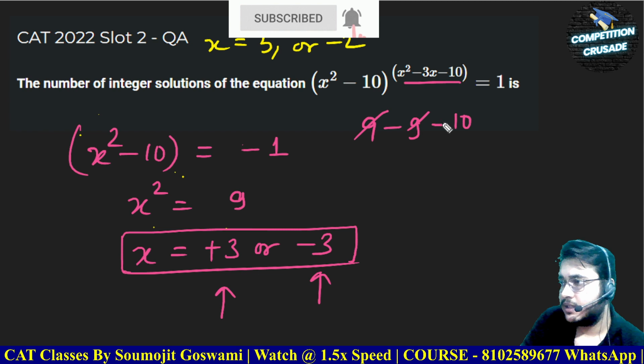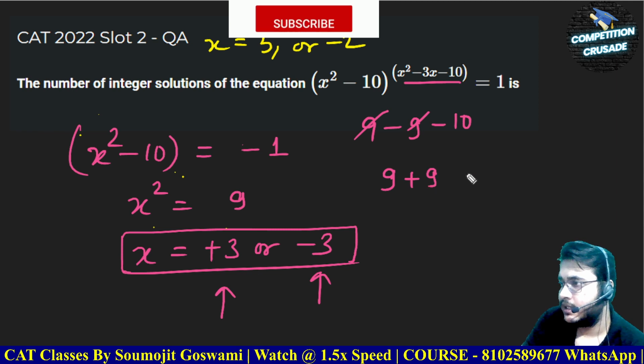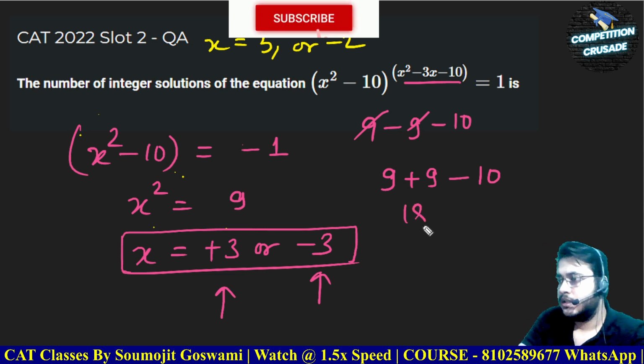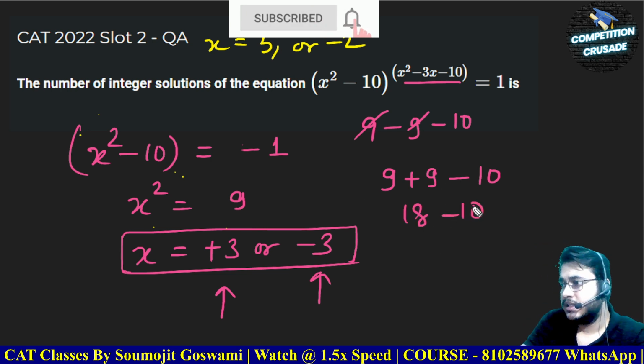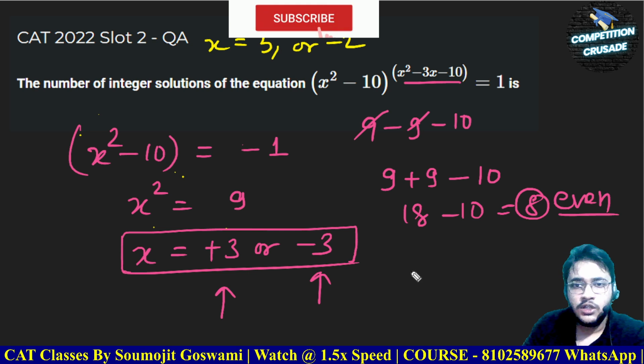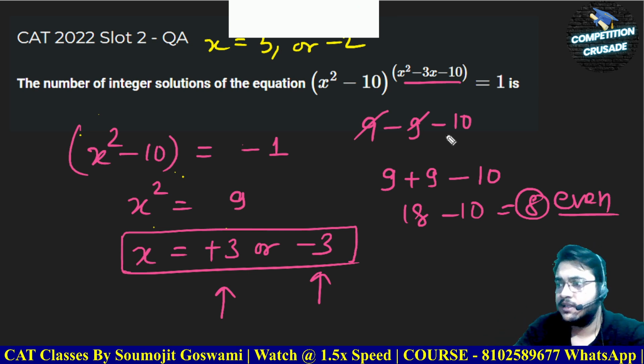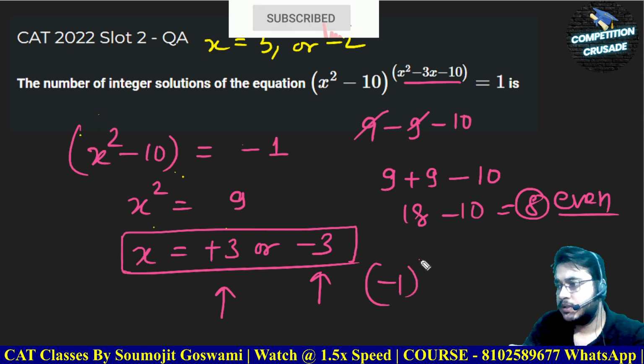We'll check for minus 3. When you do that, this becomes 9, and this becomes again plus 9, and this one becomes minus 10. 9 plus 9 is 18, minus 10 is 8. This is also an even number. So both the cases, plus 3 and minus 3, satisfy the idea that minus 1 raised to the power even will be 1.